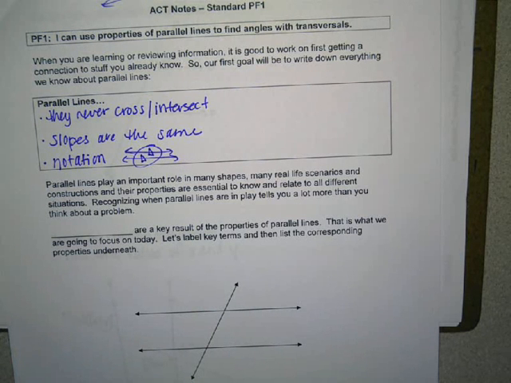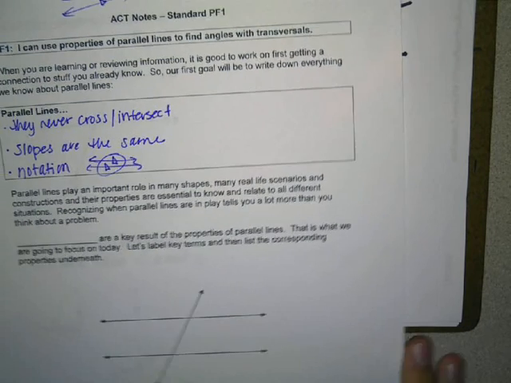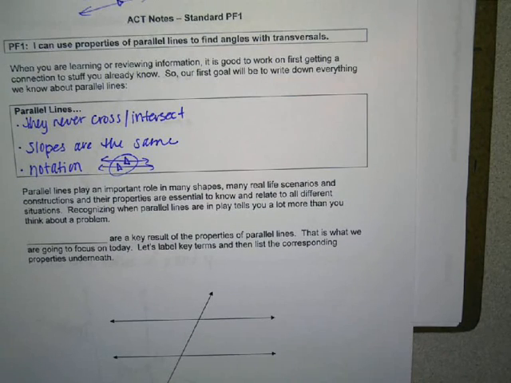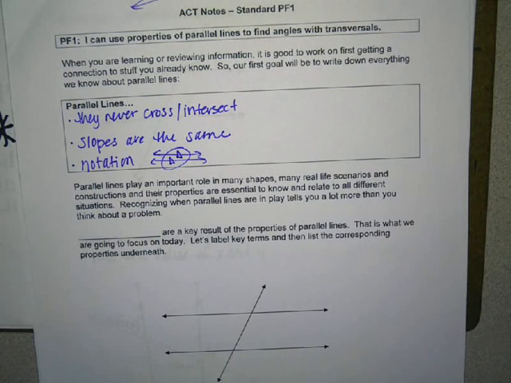Kind of like if you have a triangle to show that two sides are the same, each of them would have a little tick mark over it. It's the shorthand way of saying these lines are parallel. Okay. What about shapes? Are there any shapes that have parallel lines in them?